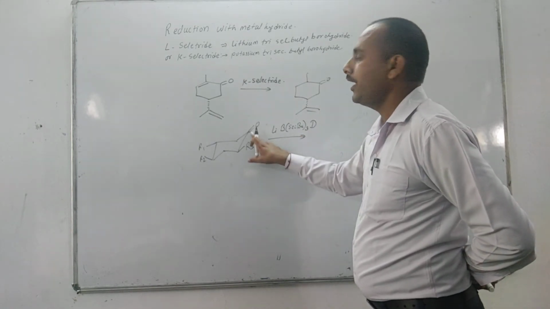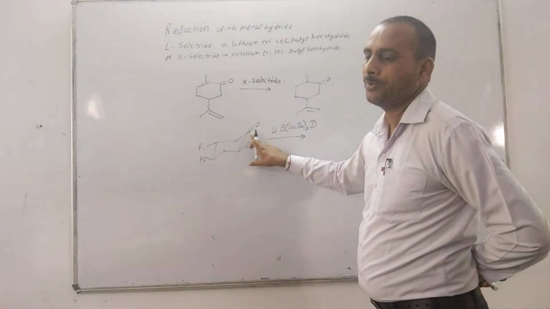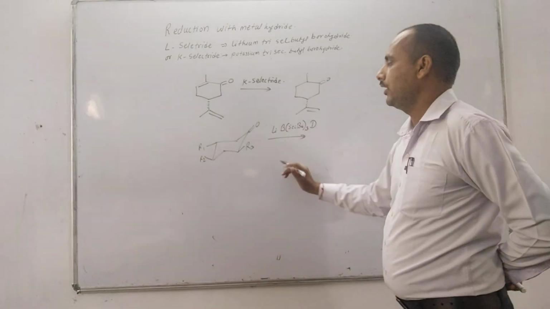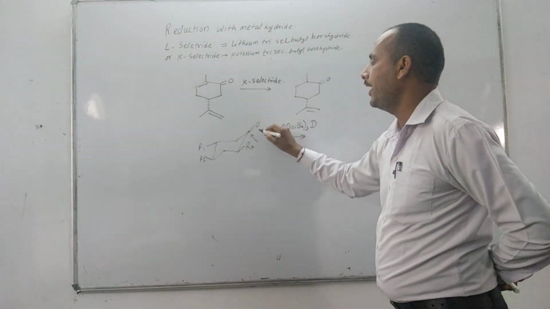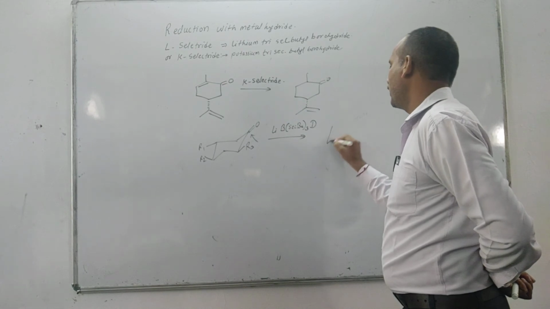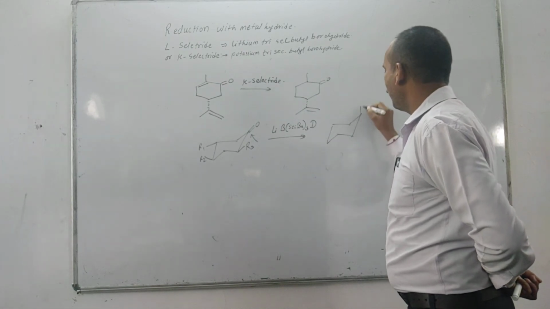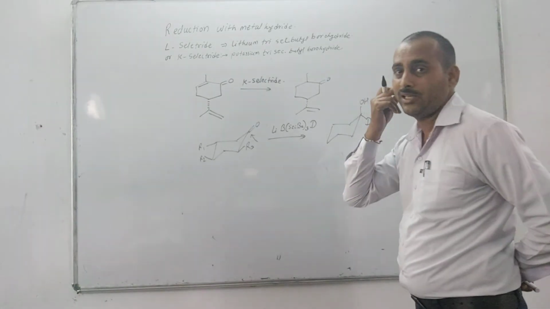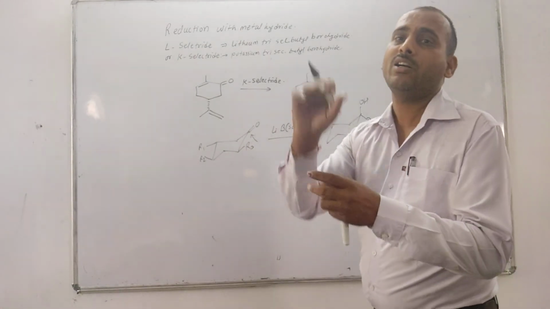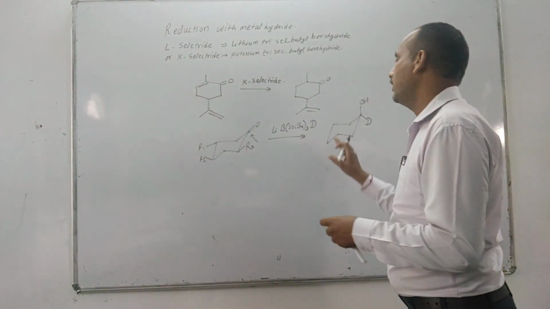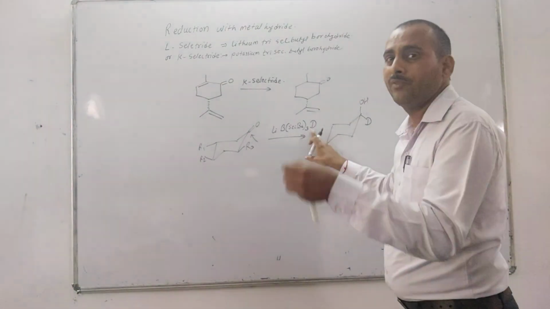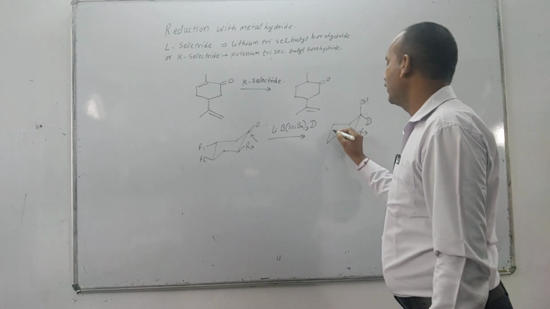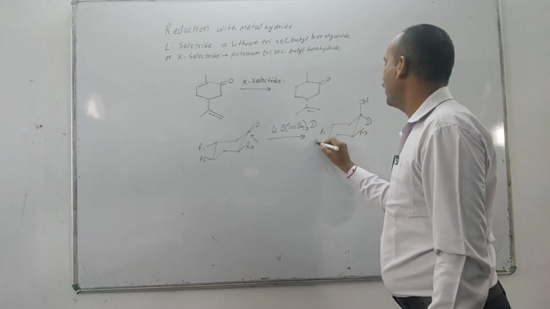Then the deuteride attacks from the equatorial side, and axial OH formation takes place. So the product obtained has OH at the axial position and deuterium at the equatorial. So attack occurs from the equatorial side. Hydride, means deuteride, attacks from the equatorial side, and there is R3, R1 and R2.